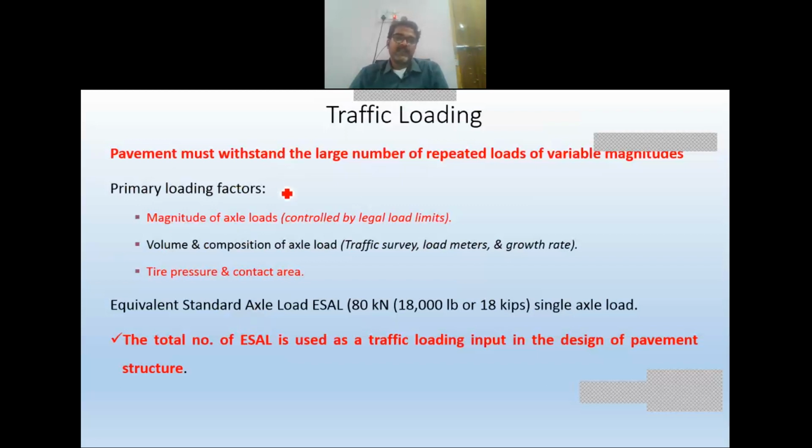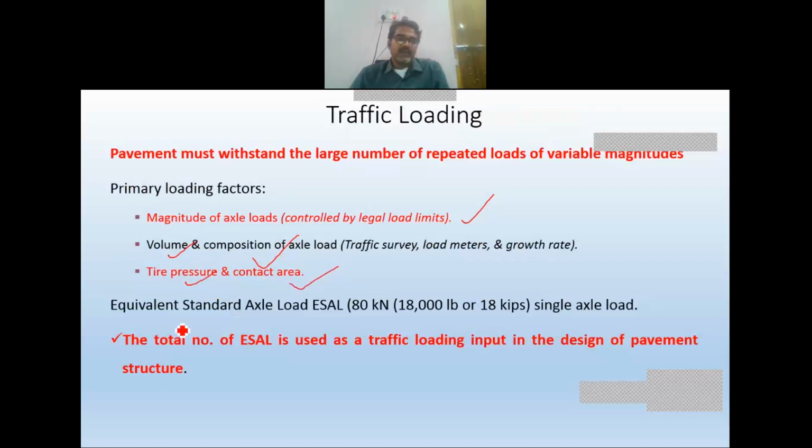Okay. As far as this Asphalt Institute method, we consider the axle load: the magnitude of axle load, usually expressed in terms of equivalent standard axle load, its volume, how many vehicles, its composition, single axle, tandem axle, tridem axle, and so on, and the tire pressure and contact area.